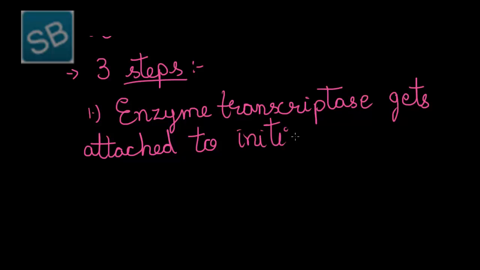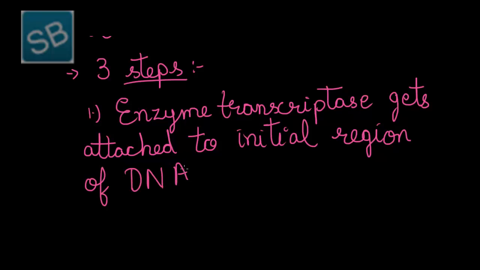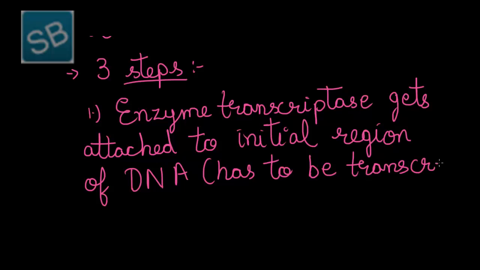That is, for transcription, this initial region of DNA is considered as a specific site for getting converted into RNA. This region of DNA has to be transcribed with the help of an enzyme called transcriptase.